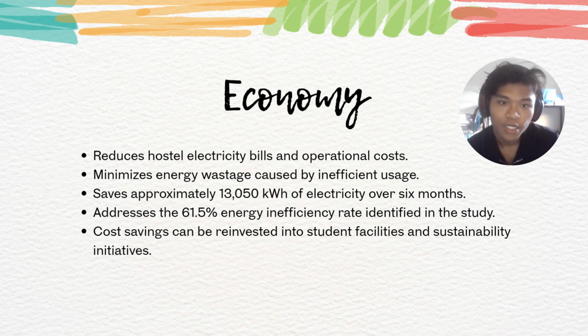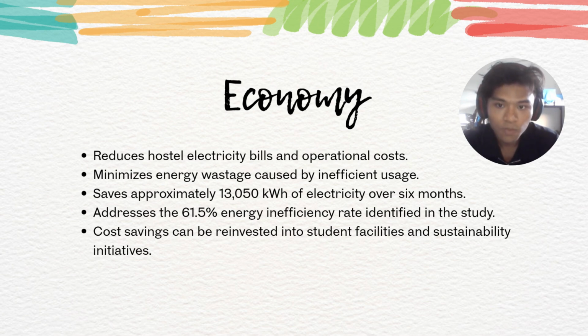For the next part, economy for project impact evaluation. The first point is reduces hostel electricity bills and operational costs, which is less energy use means lower costs. The next point is minimizes energy wastage caused by inefficient usage, which is prevent unnecessary electricity consumption.